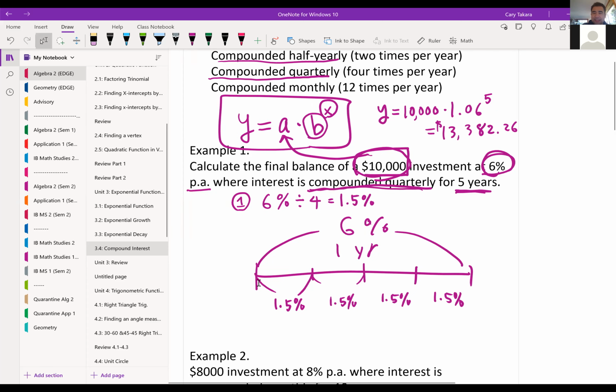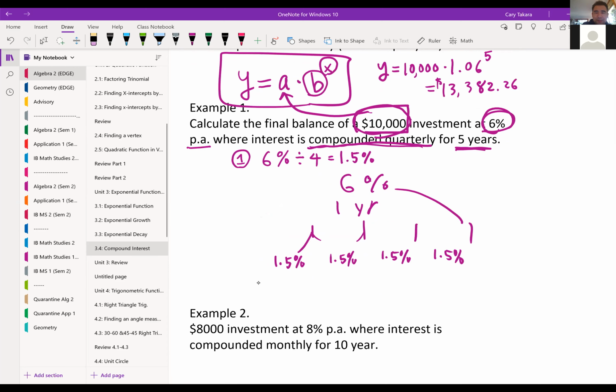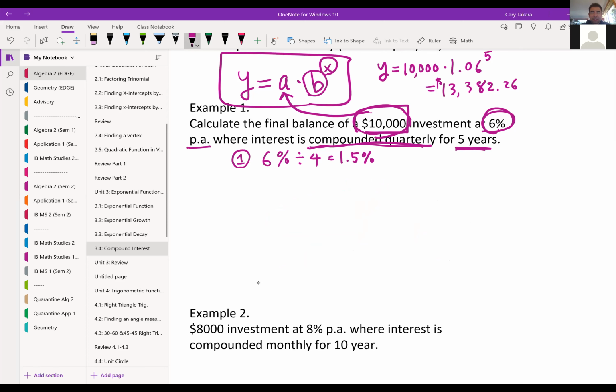Then the next step, I'll erase that part. Now we're going to convert 1.5% into decimal form. 1.5% divided by 100, which gives you 0.015. That's 1.5%. And then the third step, we're going to add 1 to it.